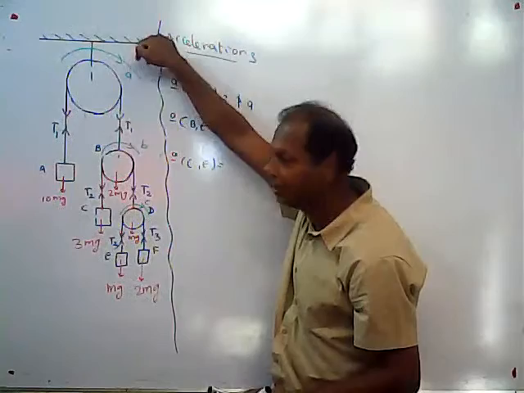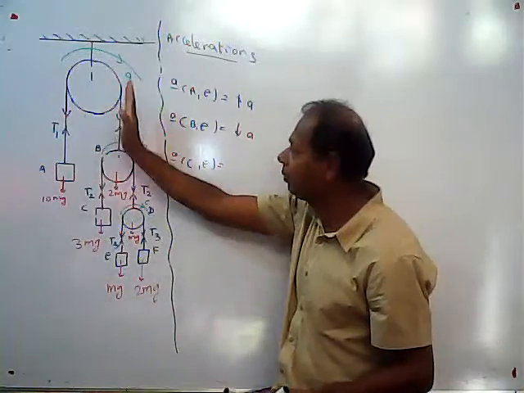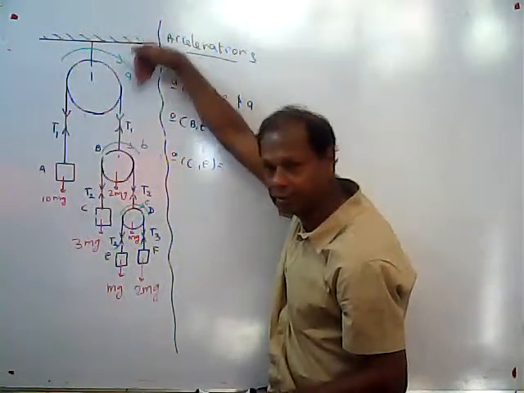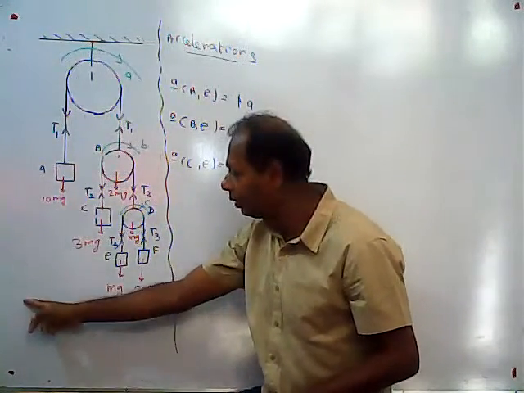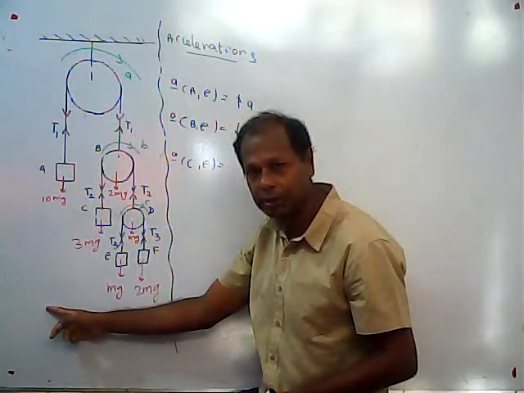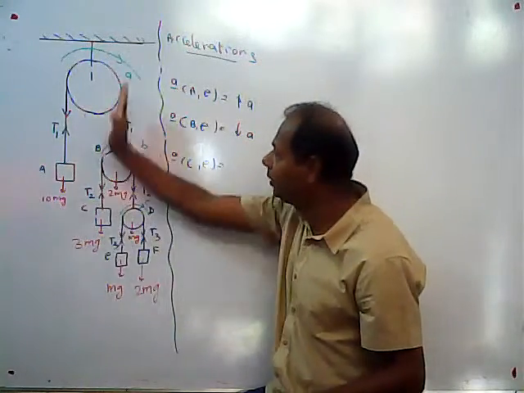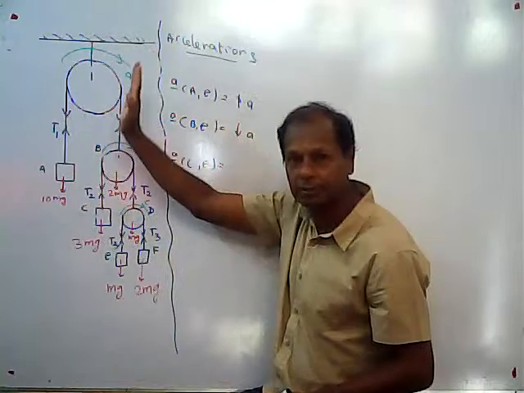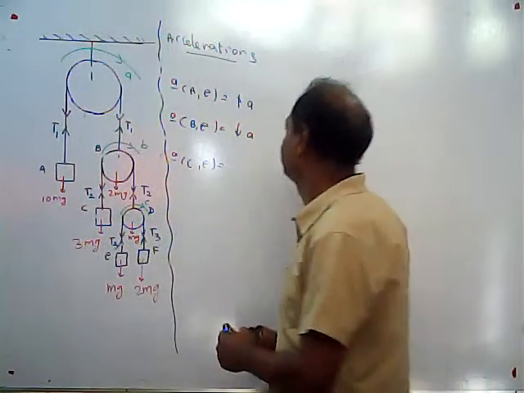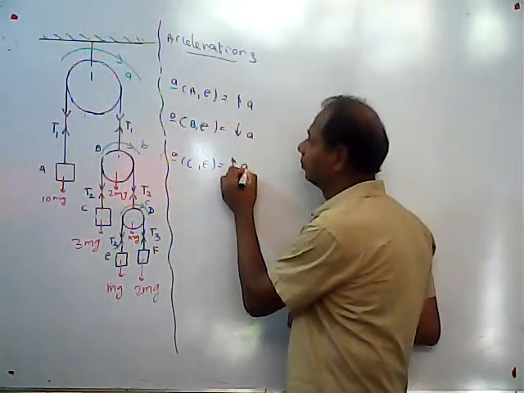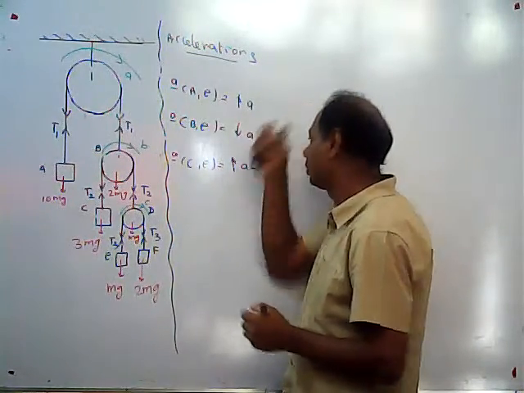At the same time, it's taken down at this acceleration A. Going up at B and at the same instant it's coming down at A. So someone observing it somewhere here on the ground relative to the Earth frame, the acceleration will be, if I measure it upwards, B minus A. So it will be A minus B, rather B minus A.